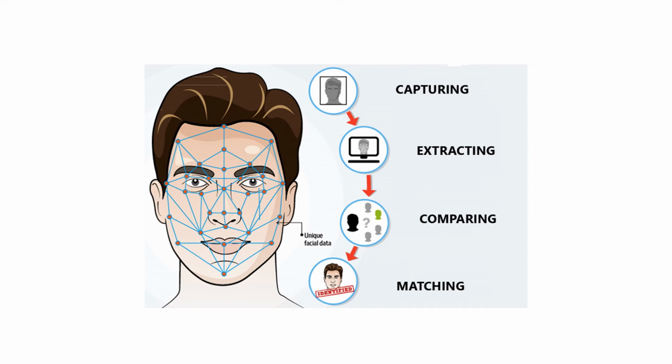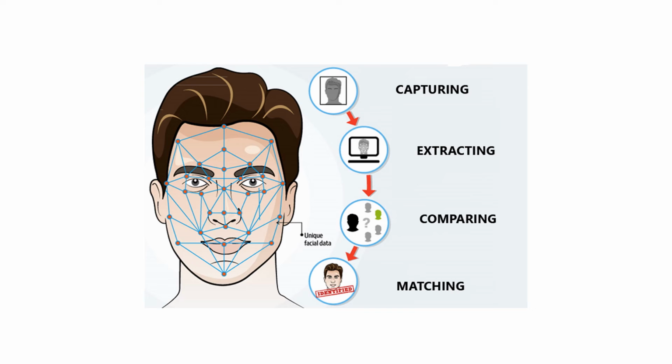Then this is the example for face biometrics. Initially the full face has to be captured, then we go for extracting the features. We have to extract, like, the distance between the eyes, the distance between the nose and the eyes, the distance between the lips, the area between the lips, the area between the ears, then the area between the eyebrows.